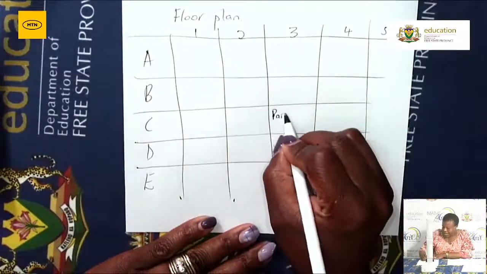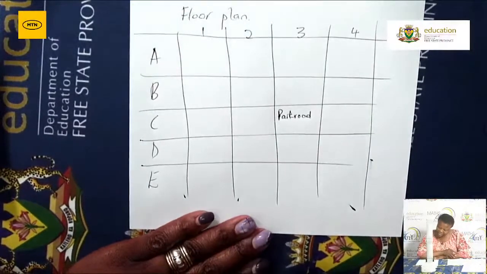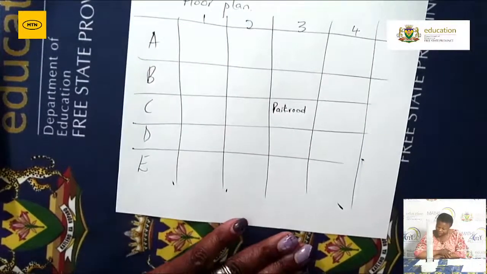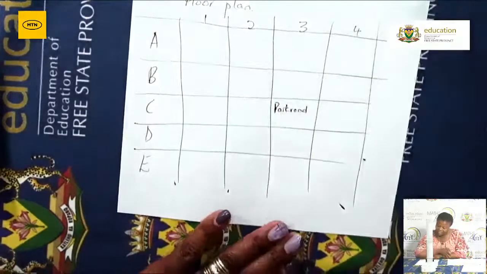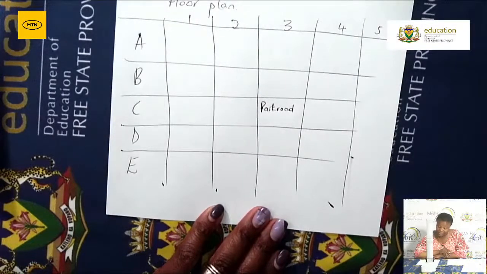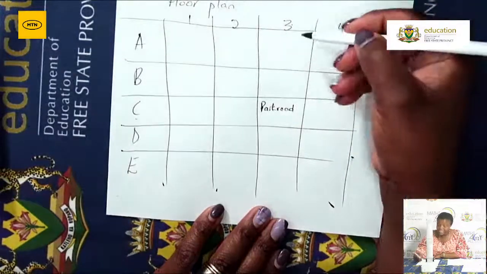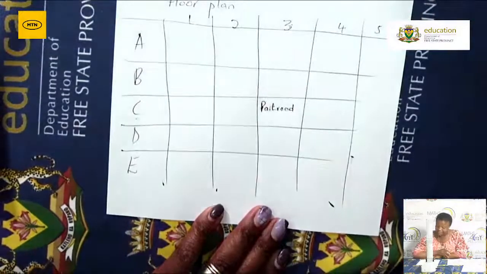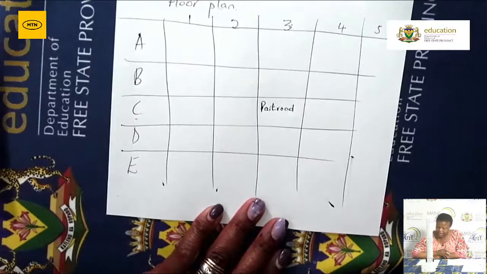When we look at Park Road is the police station that we get next to the Mimosa Mall. So this Park Road police station, when we look according to the grid reference that I have just written now, you will see that we say it is at C3 or we say it's at 3C, because you must be able to determine exactly where the Park Road is. That's when we talk about the grid references.